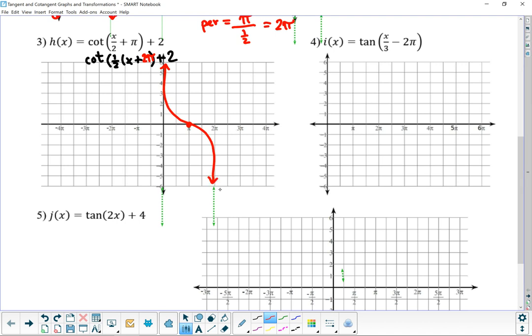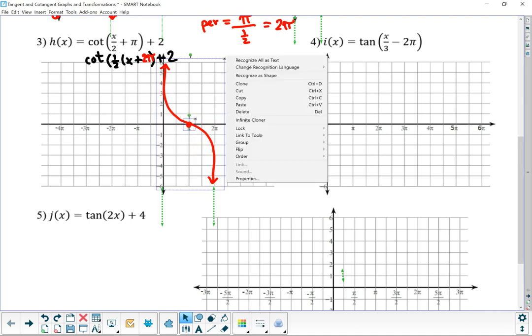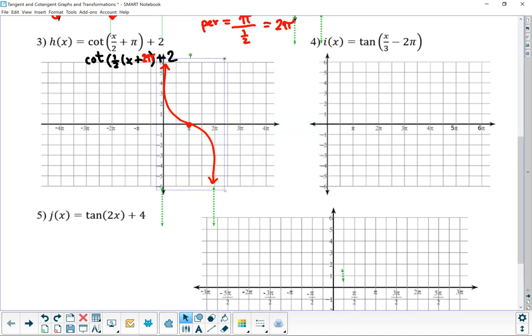It runs between 0 and 2 pi. But then, so I've taken care of my period, but now I need to take this and apply it to my vertical shift. It's going to be up 2.